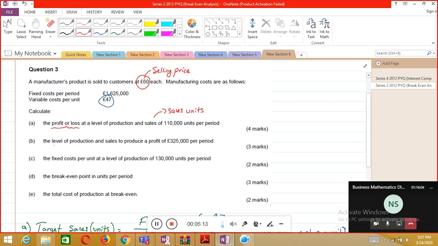Look at that. The level of production and sales to produce a profit of 325,000. Again, they want the sales units. In other words, they want the target sales if the profit is 325,000.